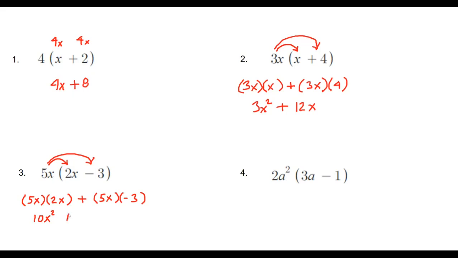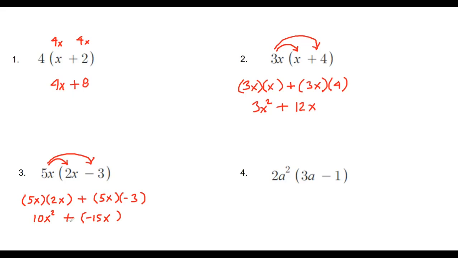5x, I'm going to still treat this as addition, and because we have a negative in this second part, I'm going to first make a parenthesis here, and I'm going to put our result in the parenthesis. 5x times minus 3. 5 times minus 3, minus 15. And there's just an x. There's not another x to multiply it by, so it's just minus 15x.